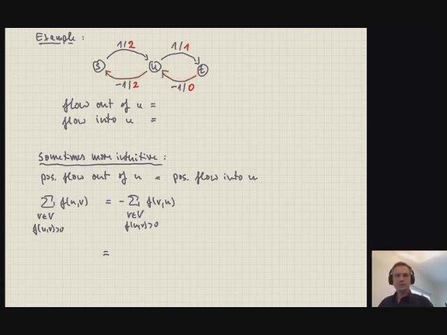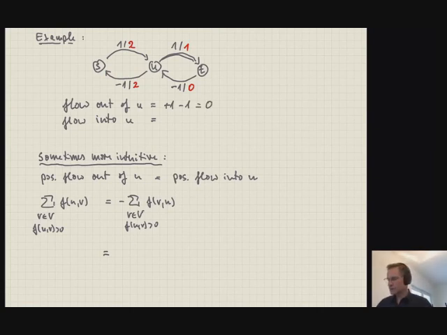Now flow conservation means that the total flow out of U should be equal to 0 under this assumption of skew symmetry. And what is the flow out of U? Well, that is this 1 unit of flow going out of U to T, and that is this minus 1 unit going from U to S, so that the flow out of U would be plus 1 minus 1, indeed equal to 0.